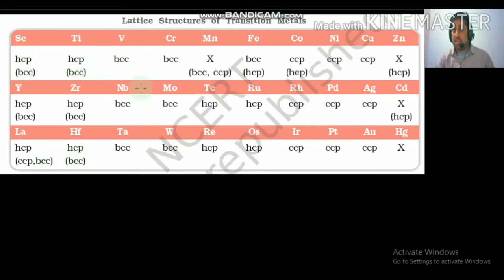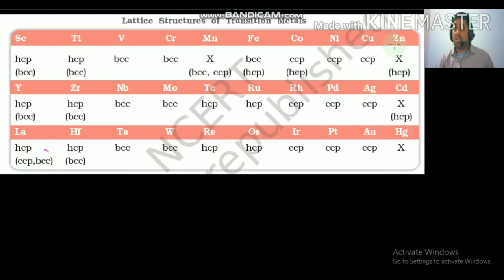Some of the elements are found in only one state, and some, like vanadium and chromium with BCC and some others, are found in 2 or 3 states. It means their lattice structures, their unit cells, may have 2 or 3 forms.